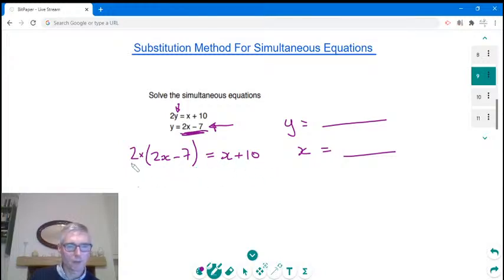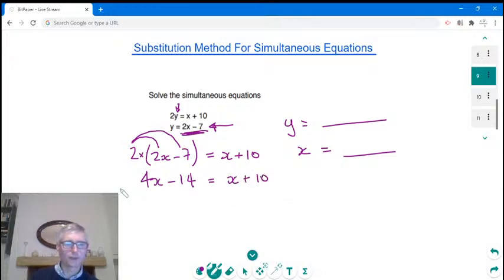So if I multiply through by the 2 there in that first bracket, I'm going to go 2 times 2x, and that's going to give me 4x. And if I multiply the 2 by the minus 7 there, that's going to give me minus 14. And so that's equal to x plus 10.